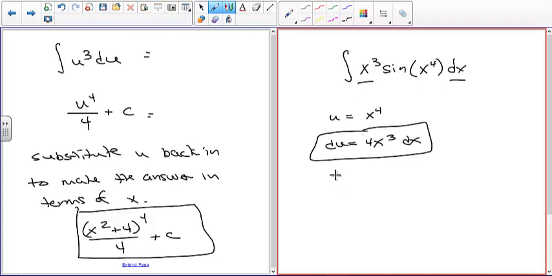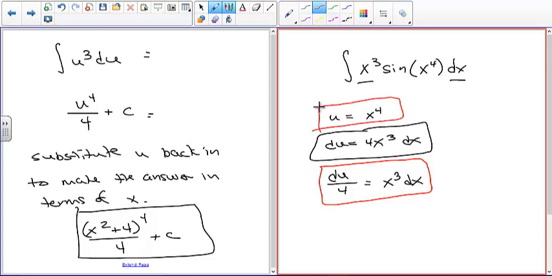So to do that, I just divide both sides by 4. So I'd get du divided by 4 is equal to x cubed dx. So those are my two substitutions. For x cubed dx, I can put in du over 4. And for u, my other substitution is this one. So I'm going to use those two.